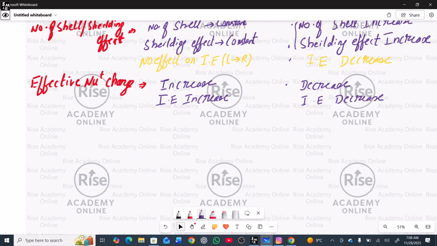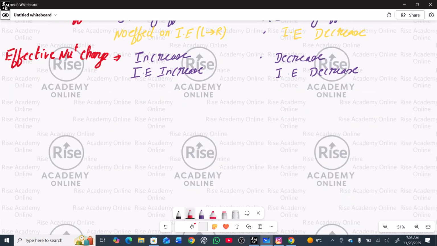Now we are going to discuss the last factor, electronic configuration. Electronic configuration actually has no effect on ionization energy in moving from top to bottom, but in moving from left to right, it causes a variation and abnormality only at 2 points. It reverts the trend between 2A and 3A.